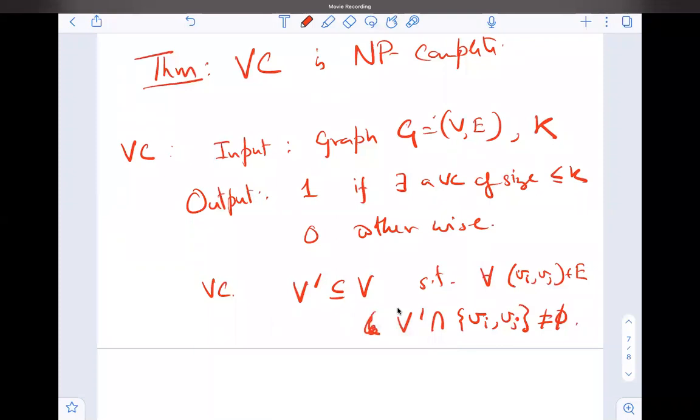What do I have to do to prove vertex cover is NP complete? I'm thinking, sir. Okay, what are you thinking?